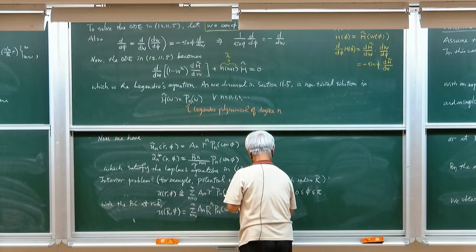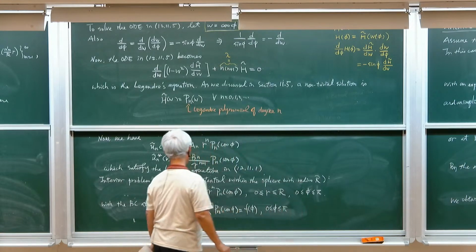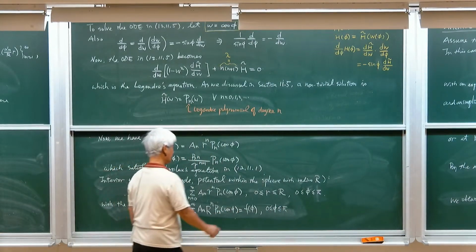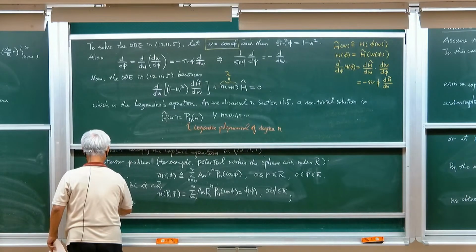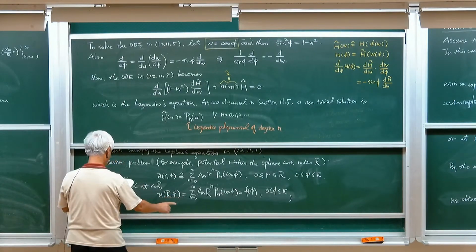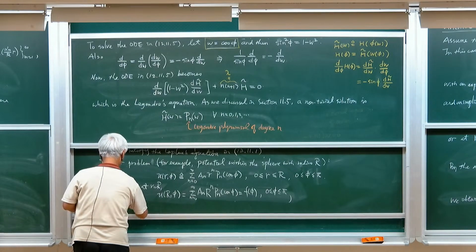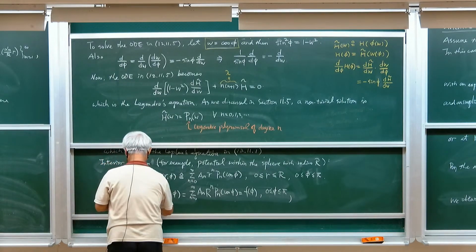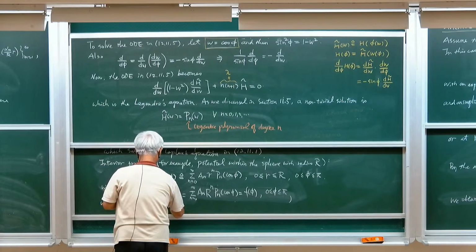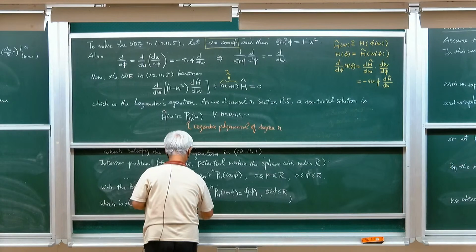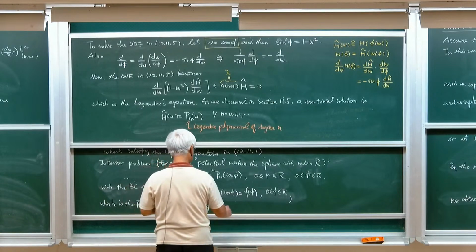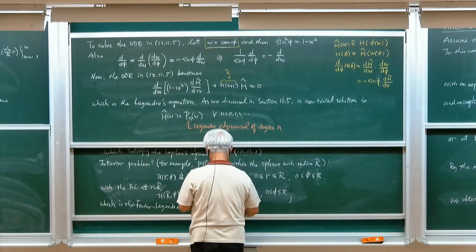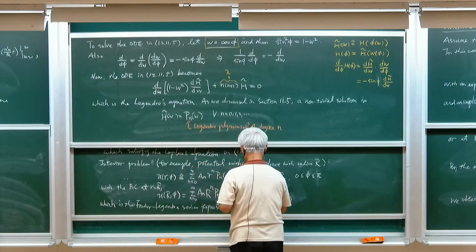Okay, well, phi in between 0 and pi. Okay, and we know that which is the Fourier Legendre series expansion of f of phi.